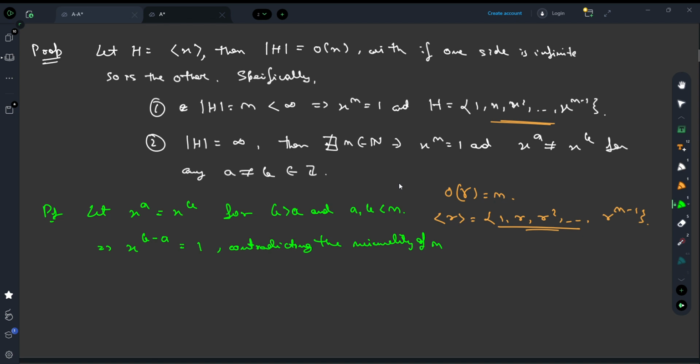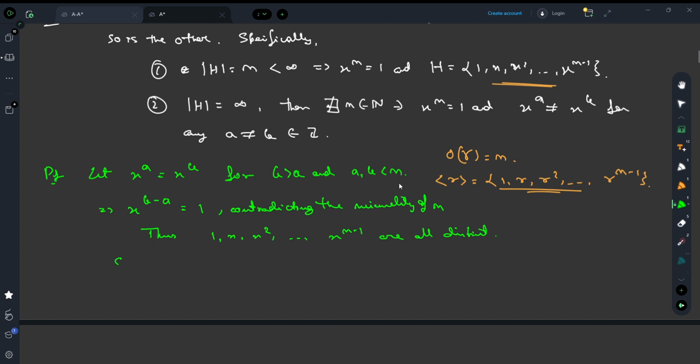Because n is the least positive integer such that x to the power n is 1. b minus a is a smaller positive integer such that x to the power that is 1, which is not possible because n is the smallest positive integer for this to happen. So this cannot happen. Thus, the elements 1, x, x squared, till x to the power n minus 1 are all distinct.